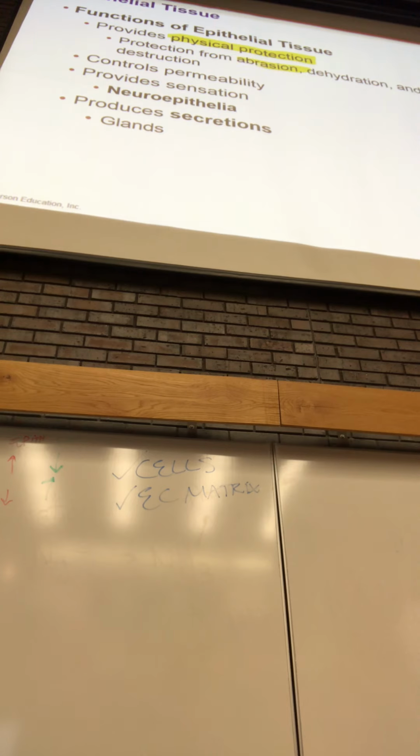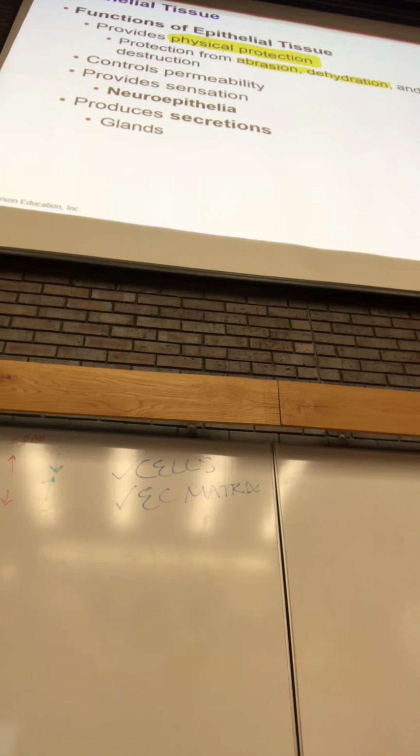Any areas where there's abrasion or chances of drying out or chemical exposure or exposure to extremes in temperature, we find many layers of epithelial cells in order to protect the body against those. An example would be the skin. The skin has many layers of epithelial cells, not one layer of cells. And so the fact that there's all those layers makes it really good at protecting.